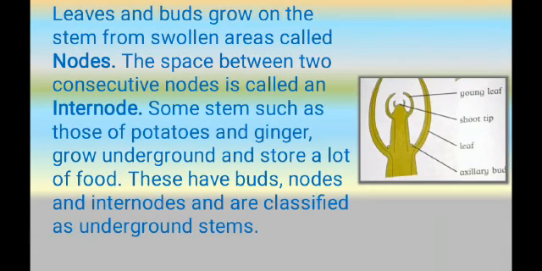This is the young stem. Here you can see that the young stem consists of young leaves, shoot tip, old leaf and axillary bud. The young stem has stomata which help in respiration, transpiration and photosynthesis.